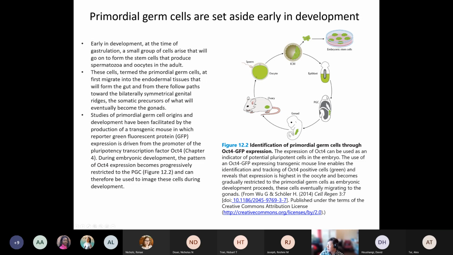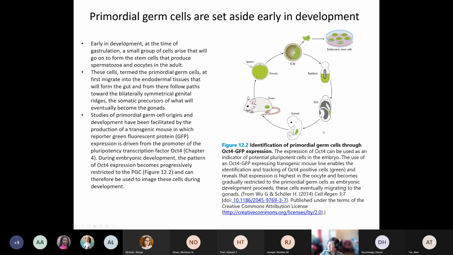But later on, throughout the body of that embryo, you don't see the expression of OCT4 any longer because OCT4 is not expressed in differentiated cells, right? Only one exception. The exception is primordial germ cells. The primordial germ cells will keep on expressing OCT4, therefore the marker will be on in primordial germ cells.